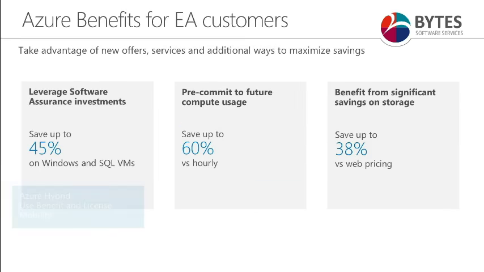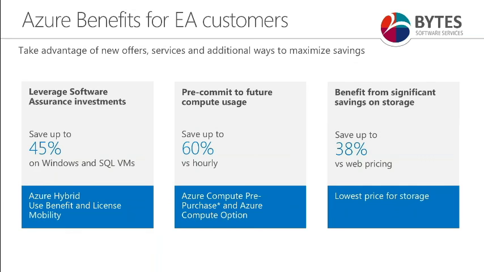So there are some benefits to purchasing through the Enterprise Agreement or the server and cloud enrollment. You can use your existing Windows Server licenses that have active software assurance. You can effectively use Windows Server Datacenter both within your data centers and also in Azure, so you don't have to move the licenses.